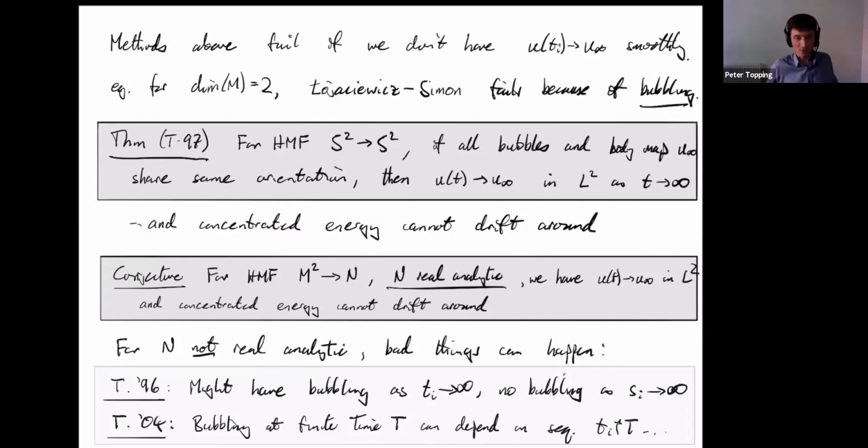That can't happen ever. But what you can have is that choosing two different sequences of times t_i going up to T gives you a completely different set of bubbles. So basically the image of the bubble is going round and round and round, and then just goes to infinite speed as you approach this finite time. So if you capture the bubble there and there, you'll get one set of bubbles, and if you capture it there and there, you'll get another set. Okay, so that really can happen.